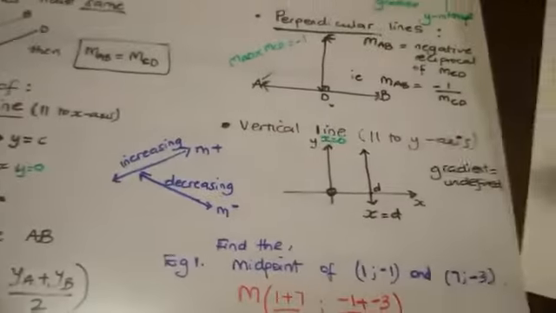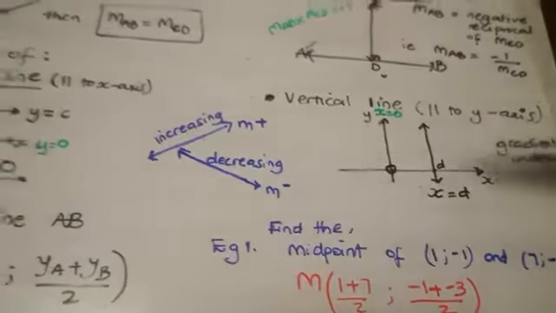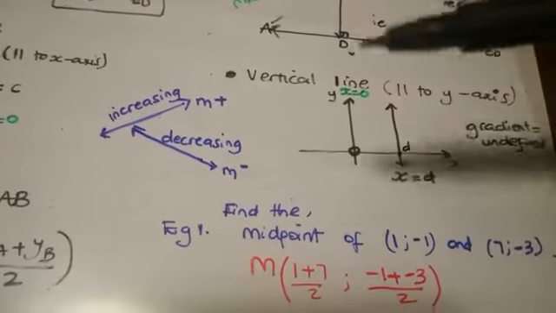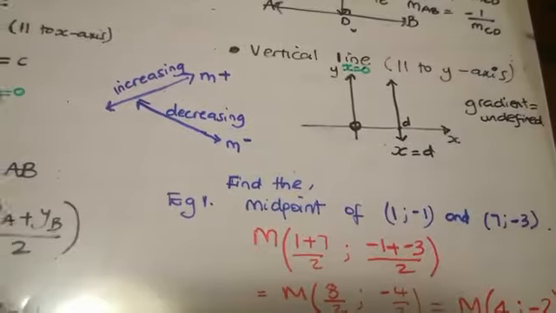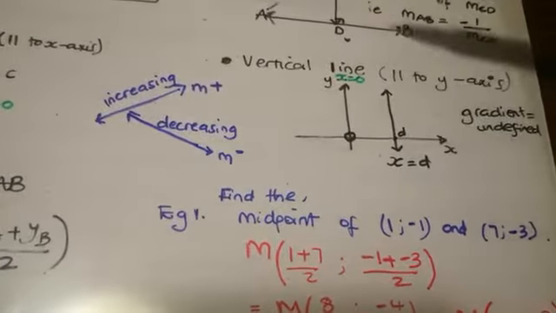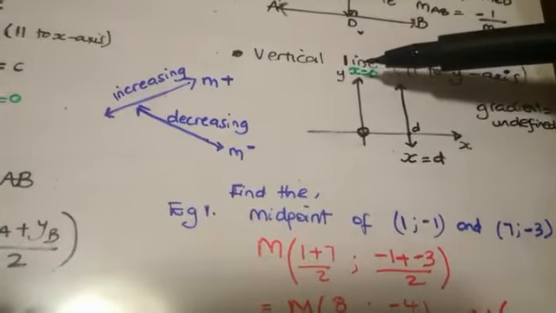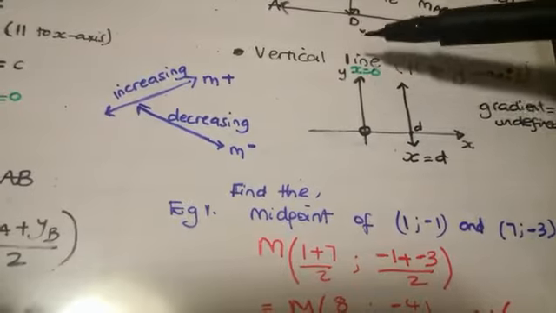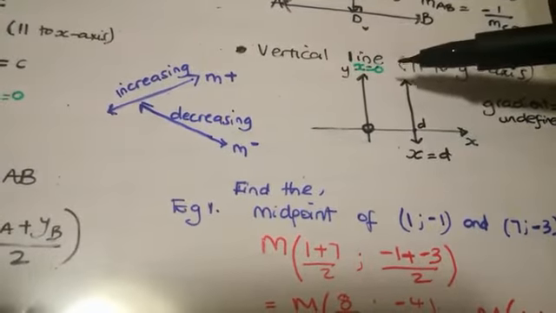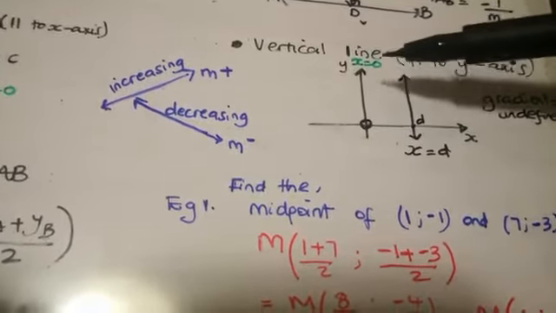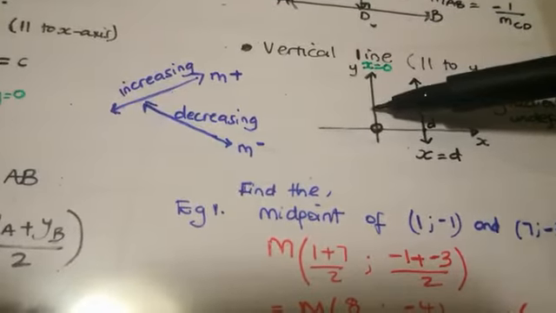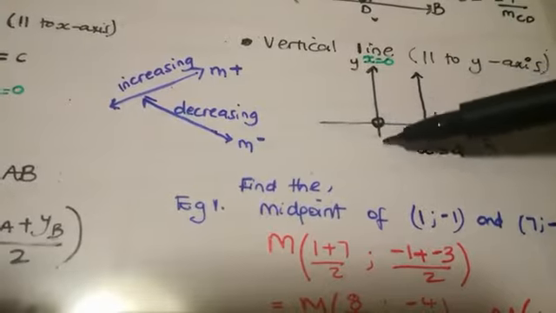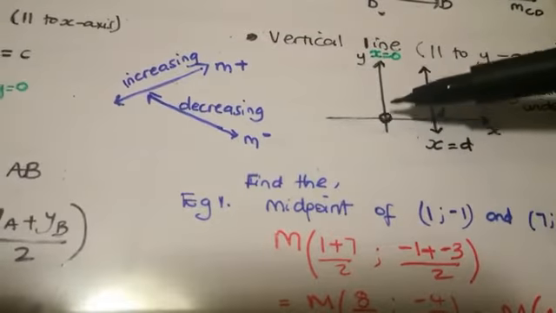And then for a vertical line, the vertical line is parallel to the y-axis. The equation of the y-axis is x equals 0. Remember the origin is 0, 0.